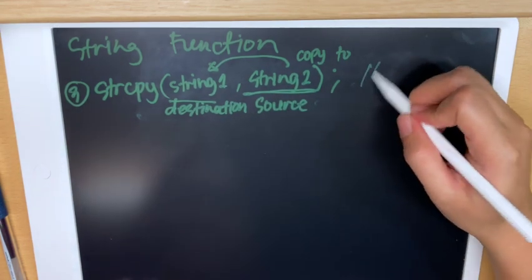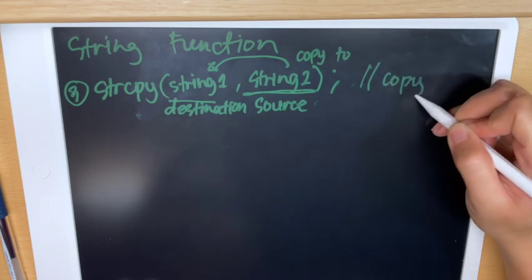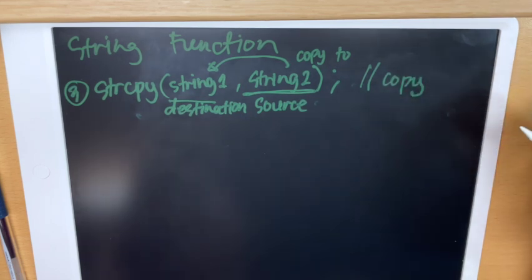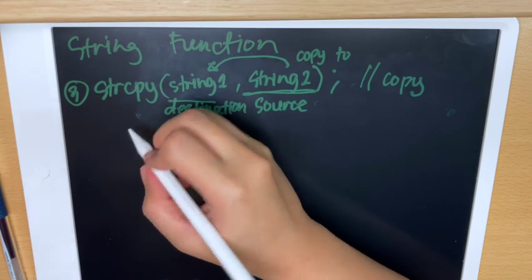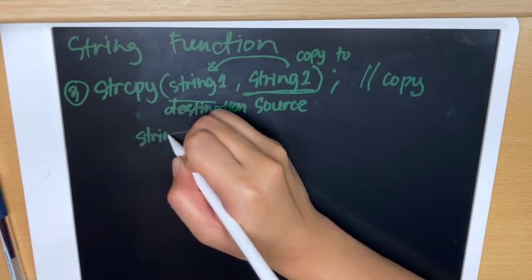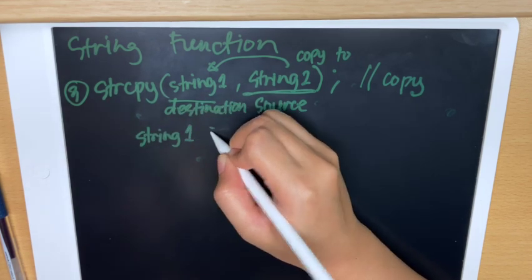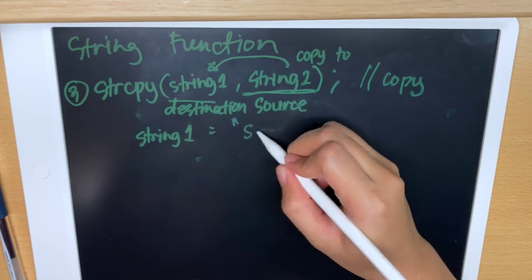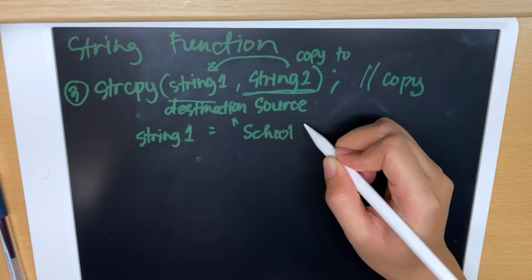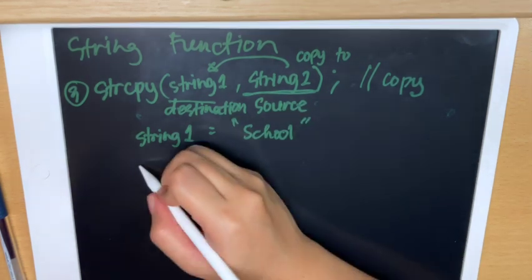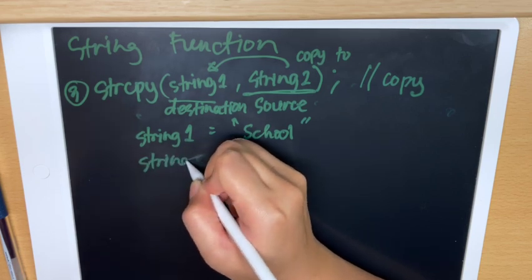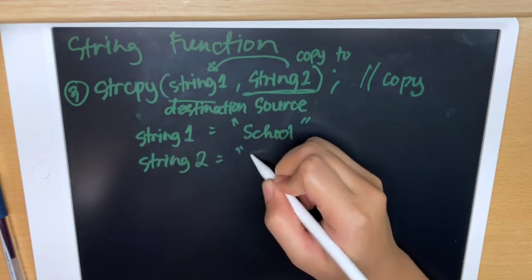Okay, so for example, we have string 1 is school and string 2 is engineering.